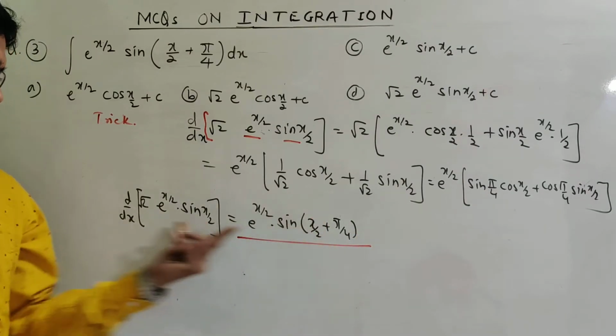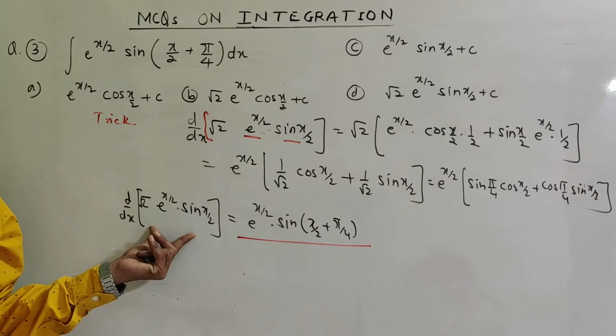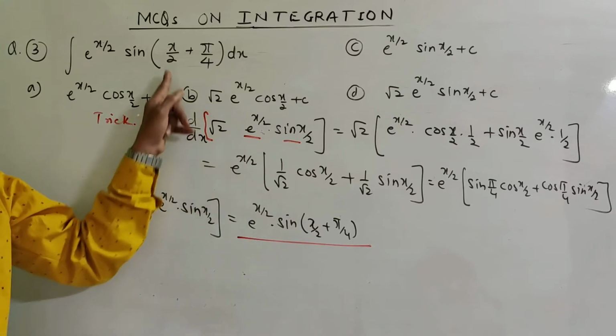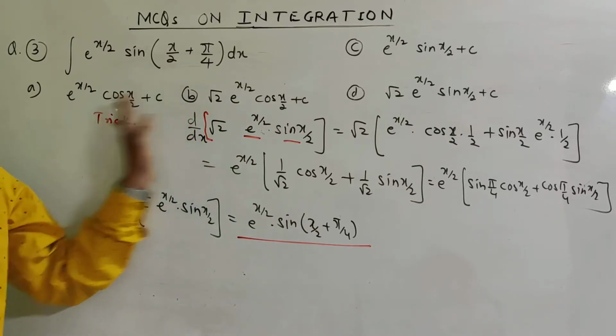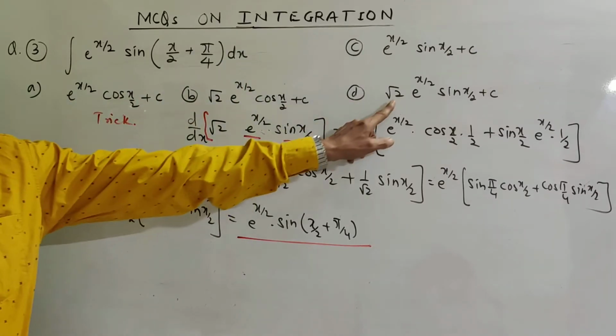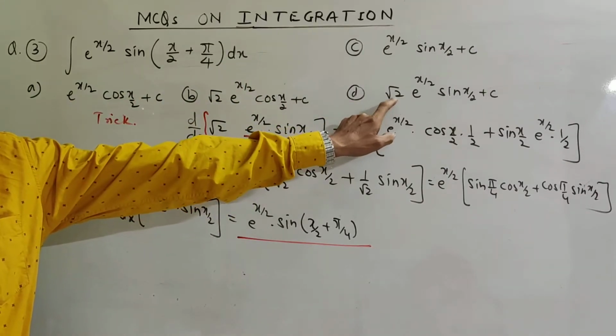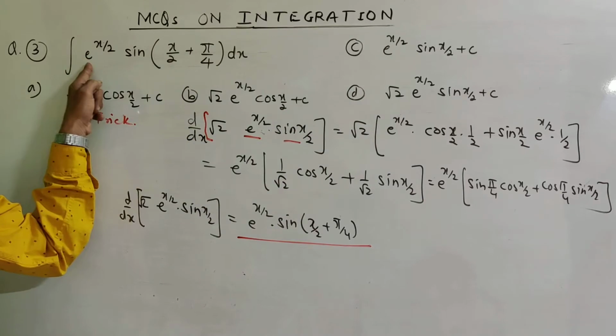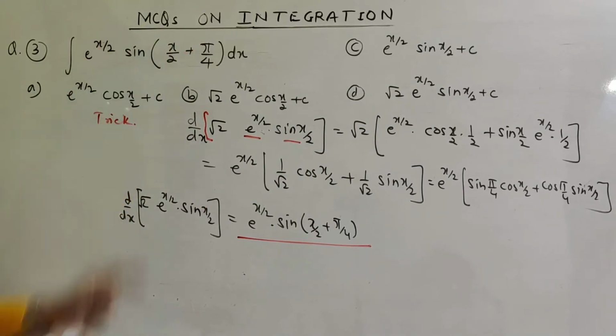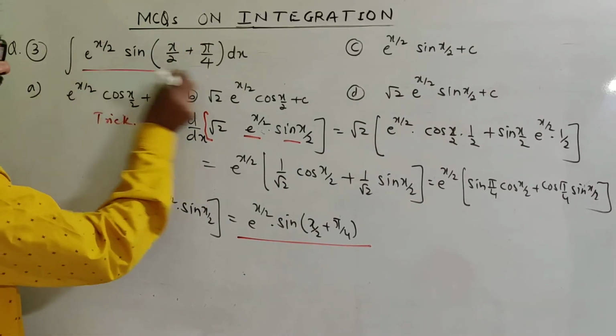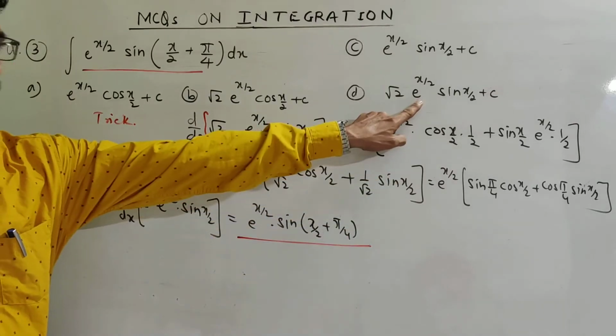So the integral of this is root 2 e raised to power x by 2 sin x by 2. So by observation, the derivative of this we are getting e raised to power x by 2 sin of x by 2 plus pi by 4, that is the integrand. This integrand is nothing but the derivative of this.